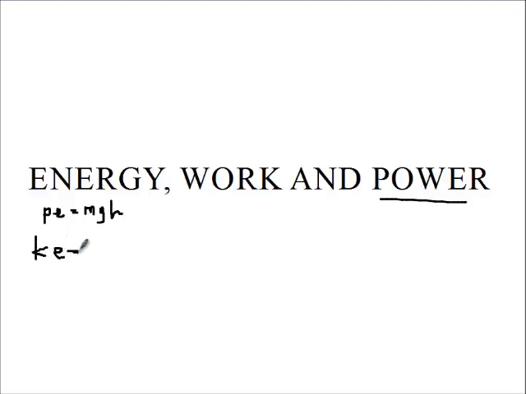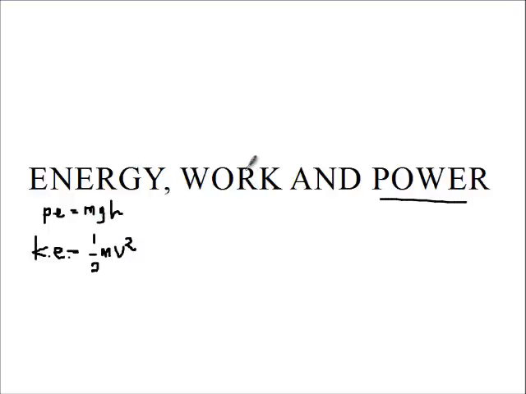Then we found that to be half times the mass times the square of the velocity. Now, velocity is here because kinetic energy is only possessed by moving objects. If velocity is equal to 0, that means the object is at rest, so there will be no kinetic energy, but instead there could be potential energy.